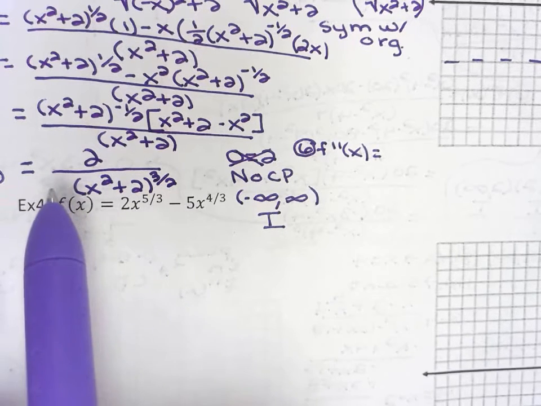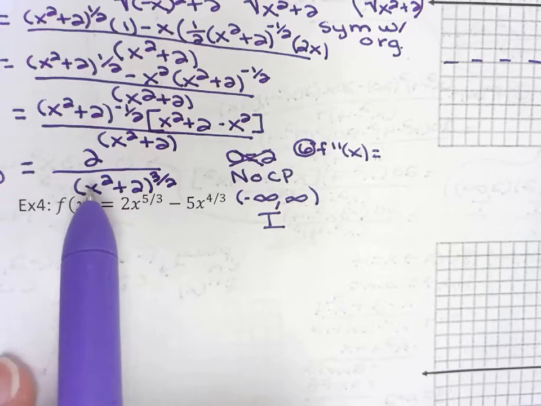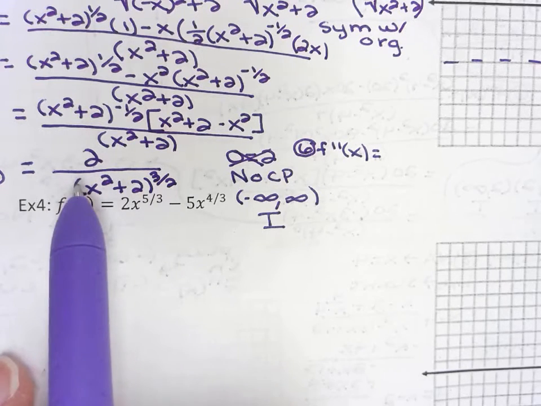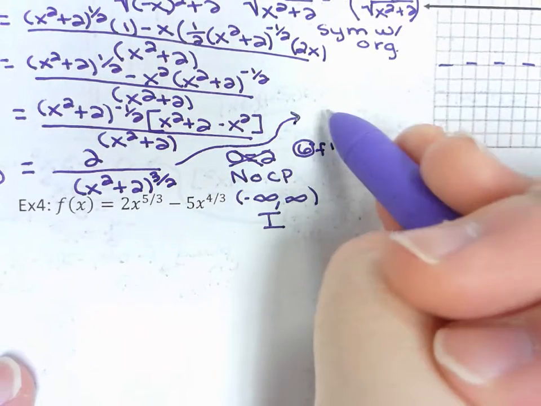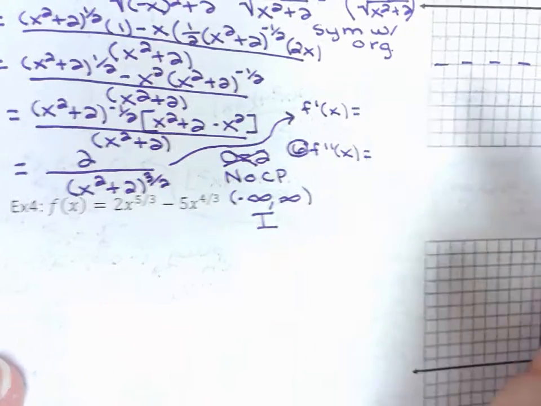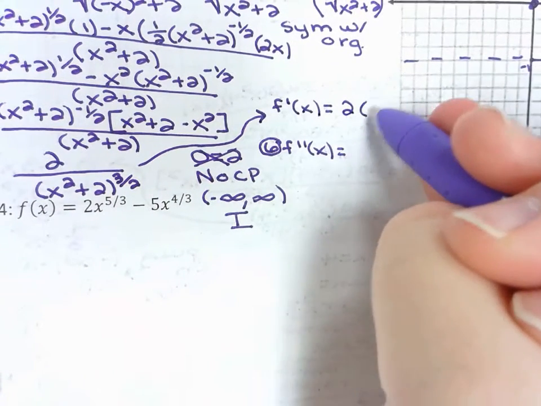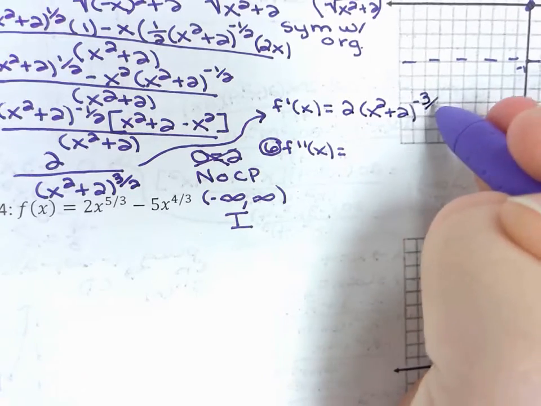I could do the quotient rule, which is a little longer, but you'll get the right answer. I could also just bring the bottom up. So I could rewrite my first derivative as 2 times x squared plus 2 to the negative 3 halves.